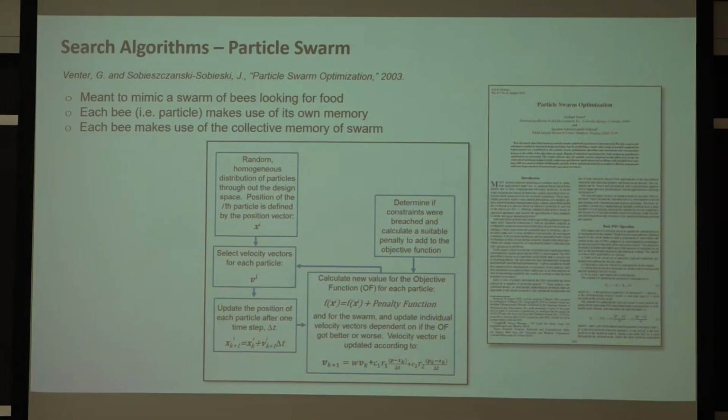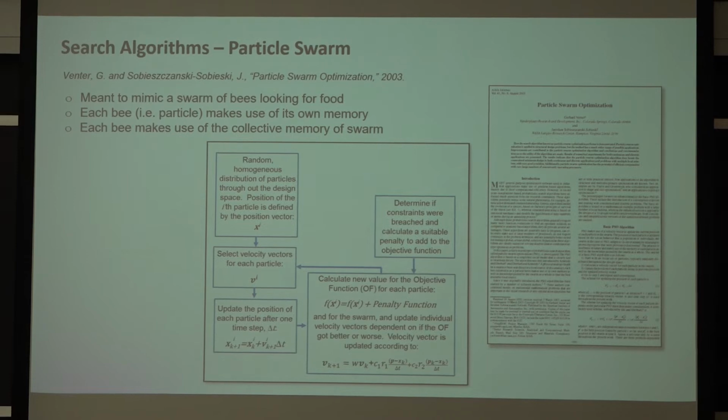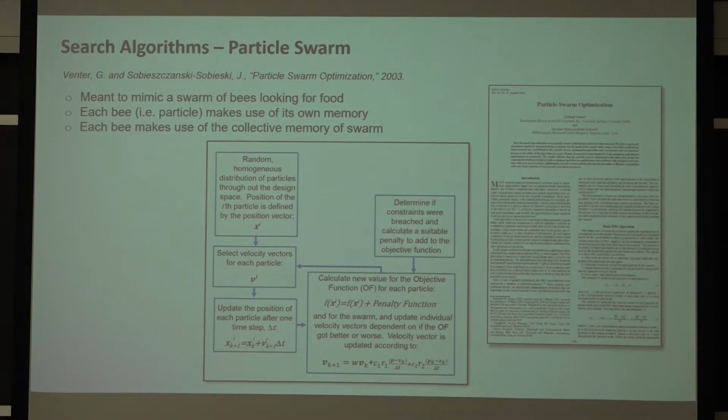The idea with particle swarm is that you have this design space. You seed this design space with a number of solutions. You spread out those solutions homogeneously over the design space, and then you begin to calculate the objective function for each of those points. There's this distribution of particles.